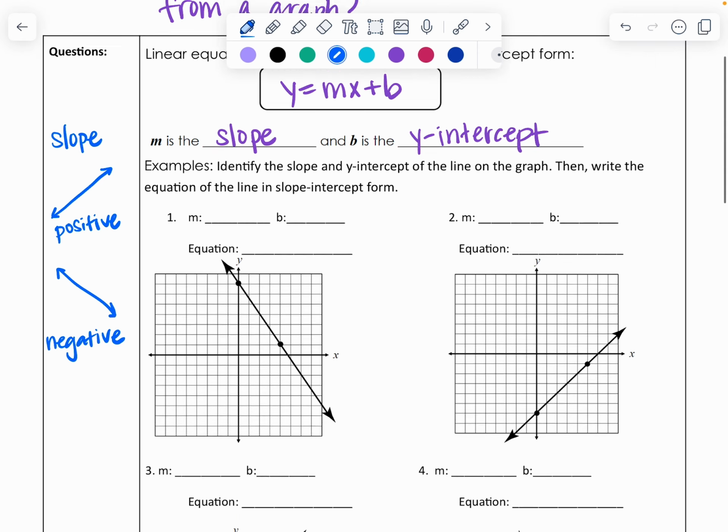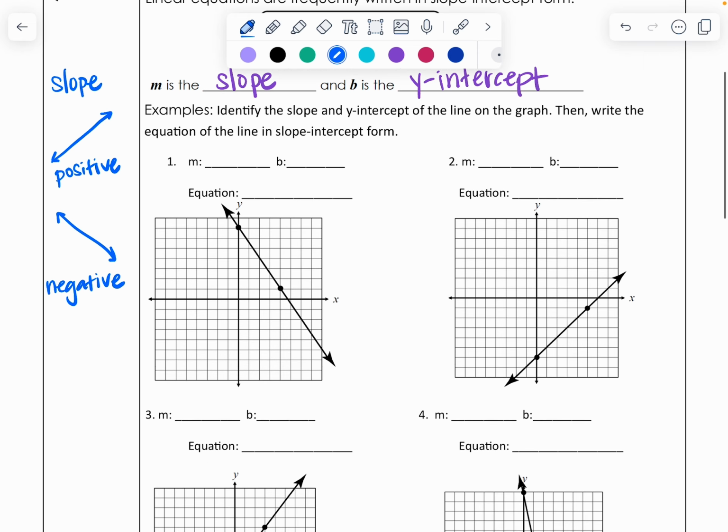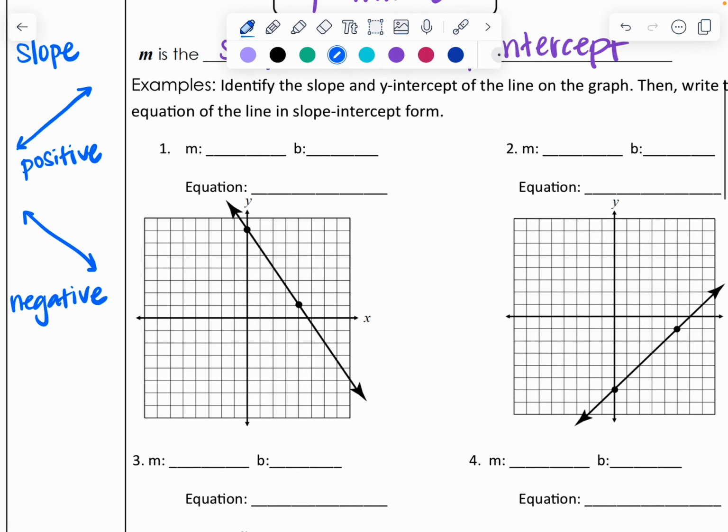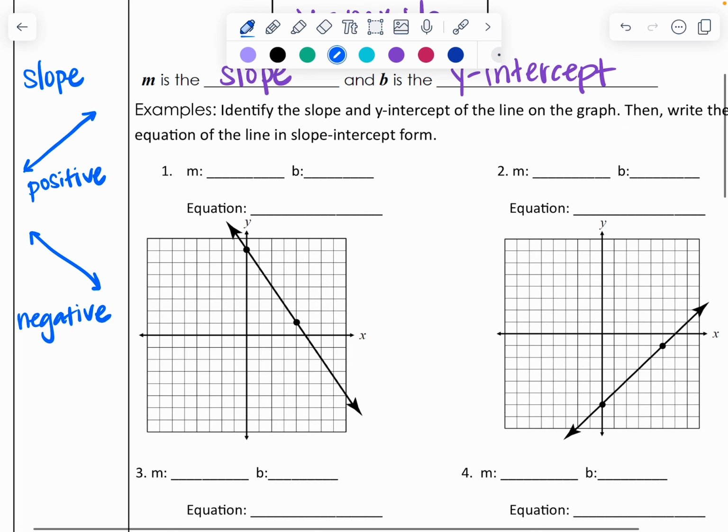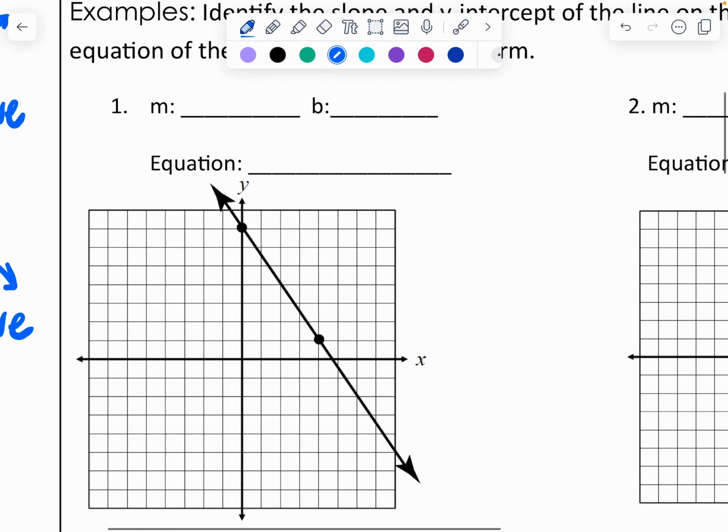So let's look at example number 1. We need to find m, the slope. So let's look at the line that's plotted on the graph. The first thing I'm going to do is look to see if there are points closer together than the ones that are plotted. Right now I can see that there is a point here that's a little bit closer that I can use to draw my slope.